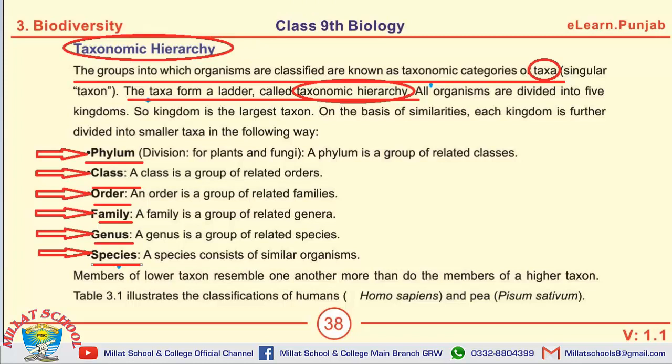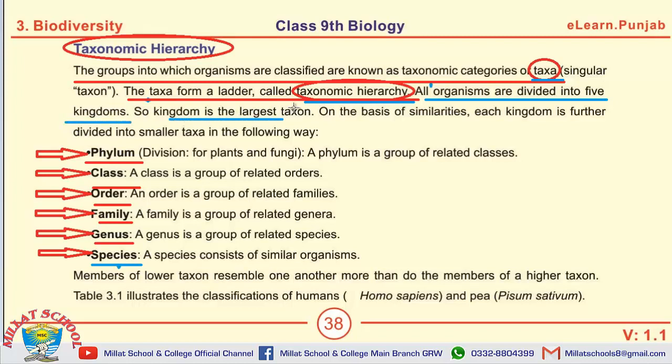If we consider the MCQs which are present on this page, the first one is from the definition of taxa, the other is from the definition of taxonomic hierarchy, and the next one, all organisms are divided into 5 kingdoms.